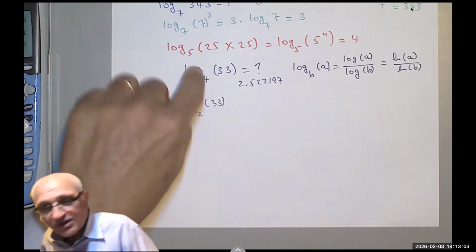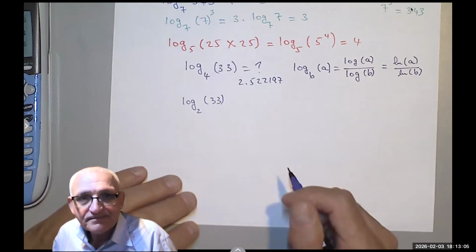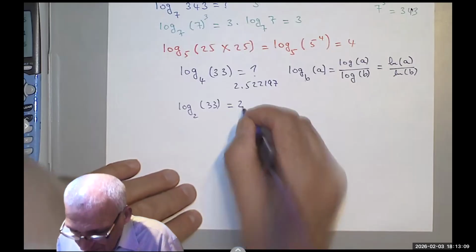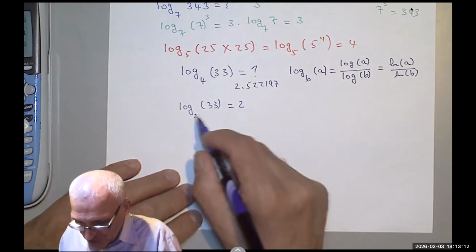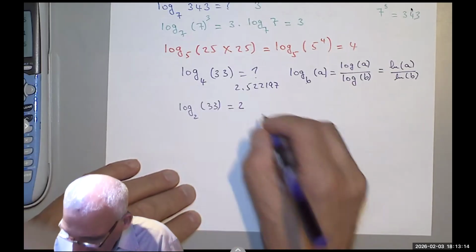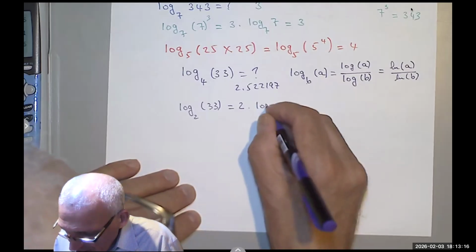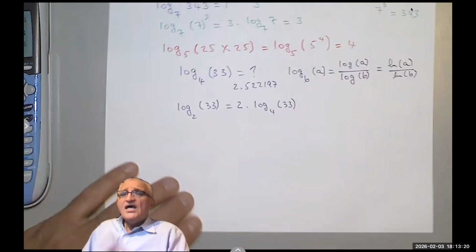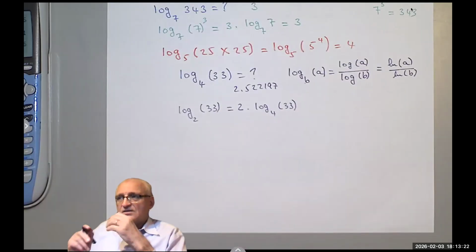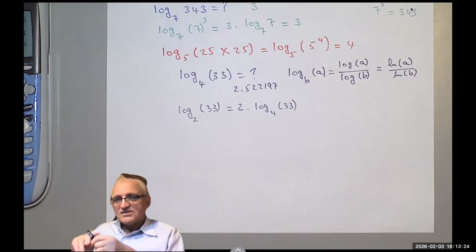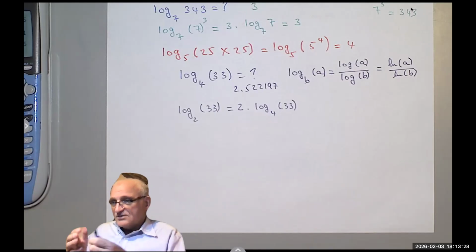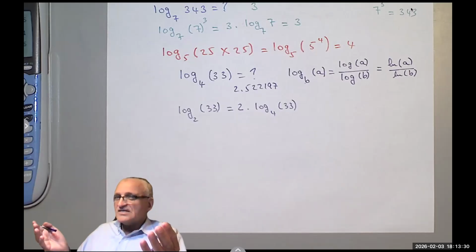You know that 4 is 2 squared, right? So that becomes 2, because 2 squared is 4, times log to the base 4 of 33. Remember last time when we were talking about exponents, and I told you sometimes they tell you simplify 2 exponents, but the bases are not the same?